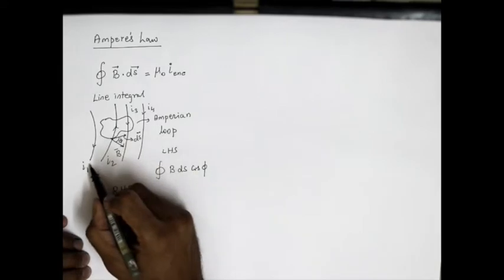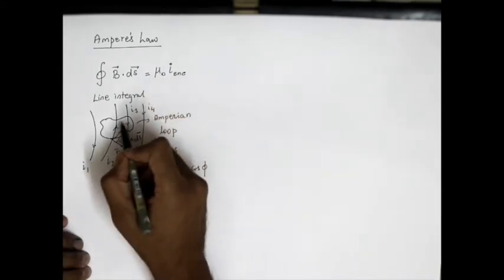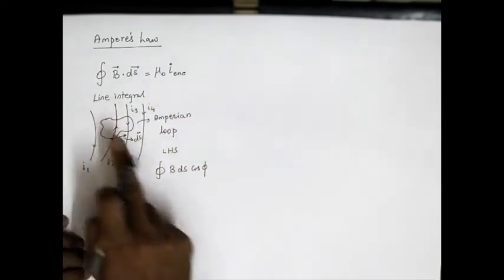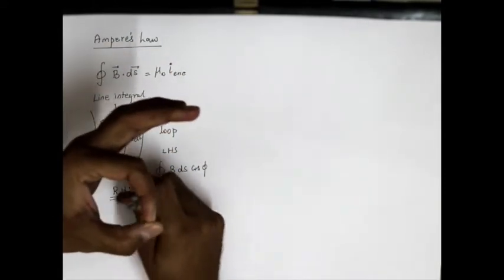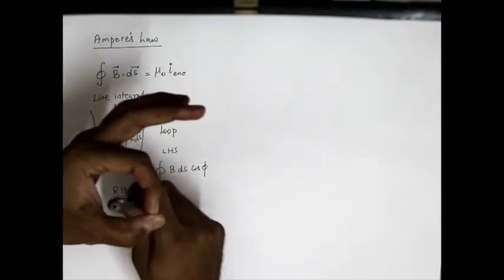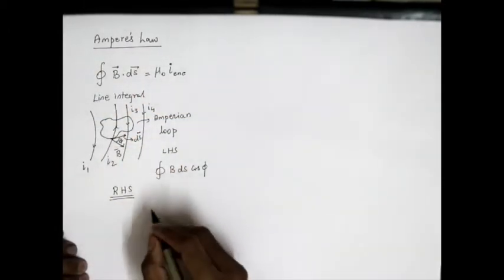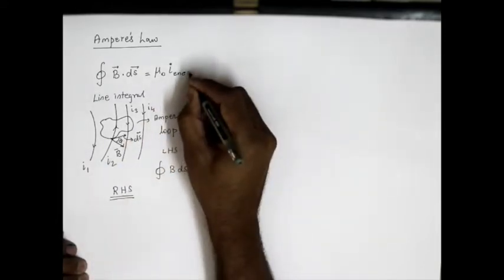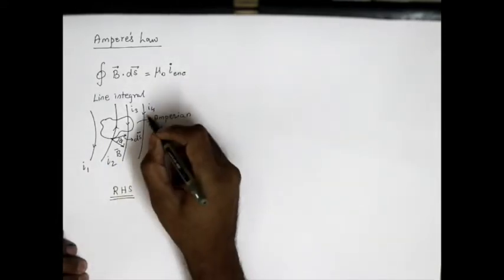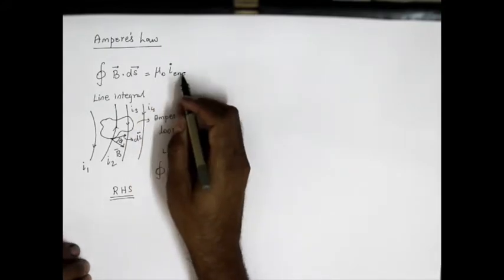As you can see, I1 and I4 do not pass through this loop. You must imagine a loop and a wire must pierce inside it. Only then they are called enclosed currents. You can clearly see I1 is not enclosed, so that will not enter into the right hand side. Similarly, I4 will not enter into the right hand side.